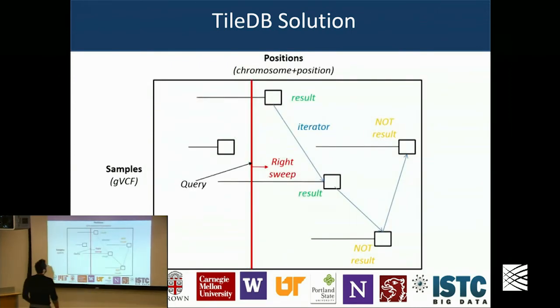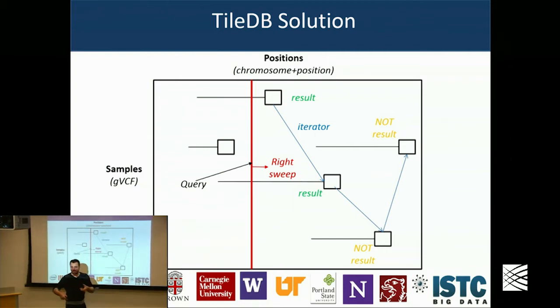So when a query comes, suppose that the query says, for this particular position, give me everything, all the ranges in the GVCF files that it intersects. So what do we have to do? Right now, if I just do this query, I will find nothing in TileDB. This is empty space here. I'll find nothing. What am I going to do?